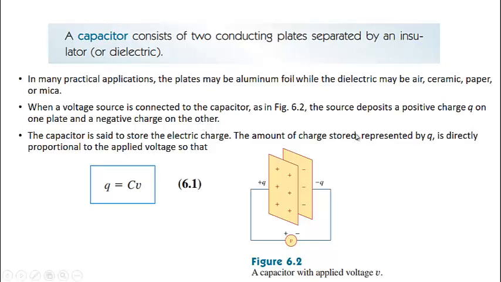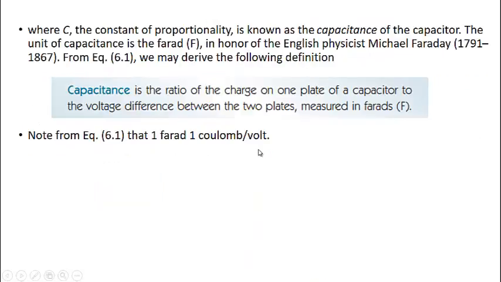The amount of charge stored, represented by Q, is directly proportional to the applied voltage, so Q is given by C into V. So the amount of charge stored by the plates of a parallel plate capacitor, or any type of capacitor, is directly proportional to the voltage applied across its plates. In the form of an equation, Q is equal to CV, where C is a proportionality constant known as the capacitance of the capacitor.